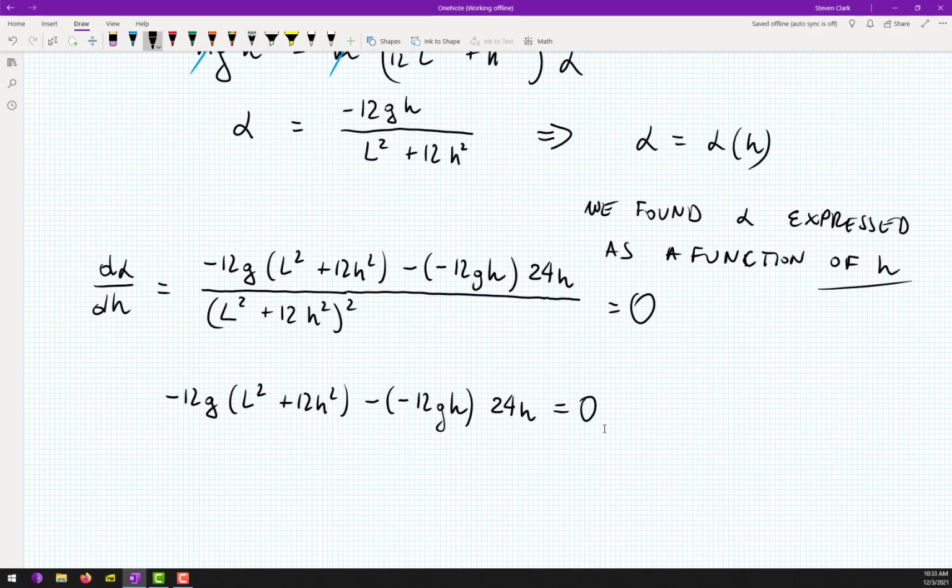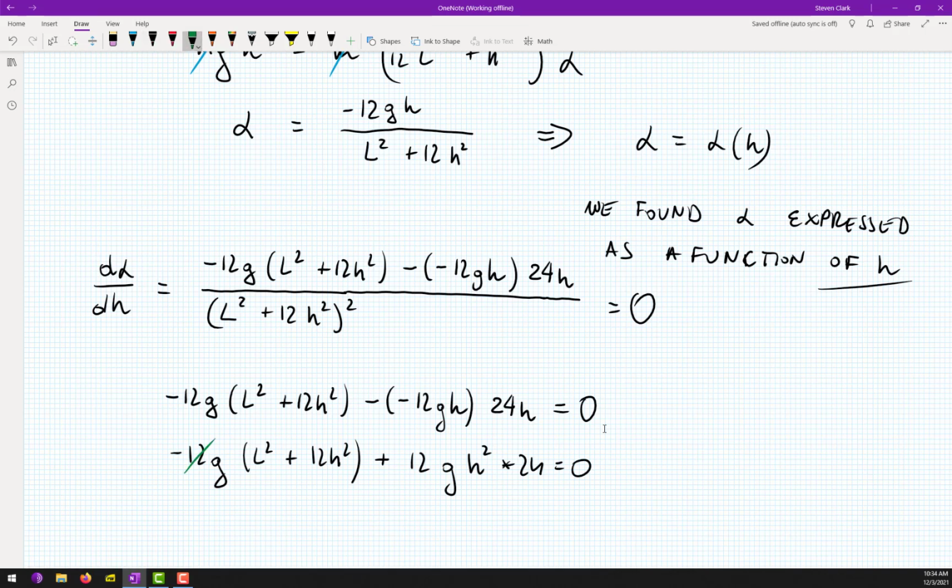Okay, can I simplify that somehow? Let me see. Yeah, I think I can get rid of g. So minus 12g (L squared plus 12h squared) plus 12g h squared times 24. So I think we can simplify it a little bit.